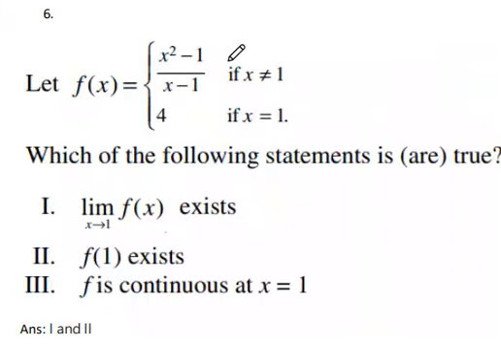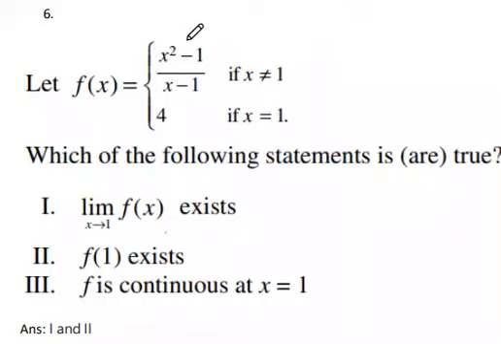Right, so next question. The function is defined for all real numbers, and when x is not equal to 1, it is a rational function. When x is equal to 1, the function value is 4 at 1, right? So why don't you simplify this?